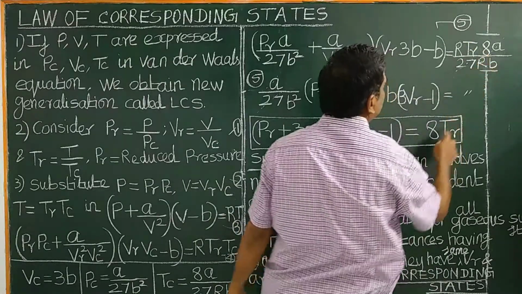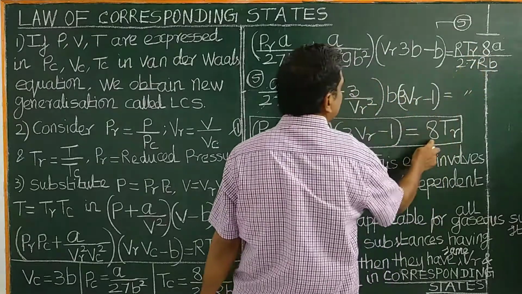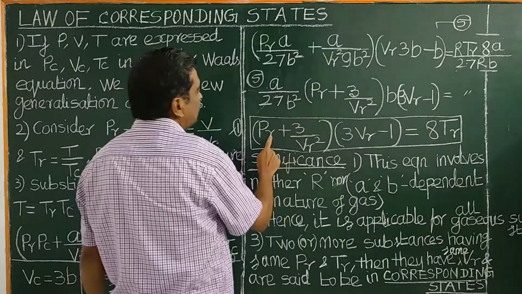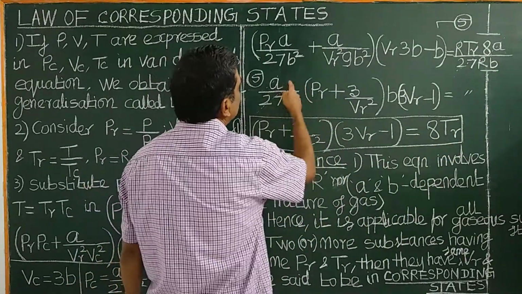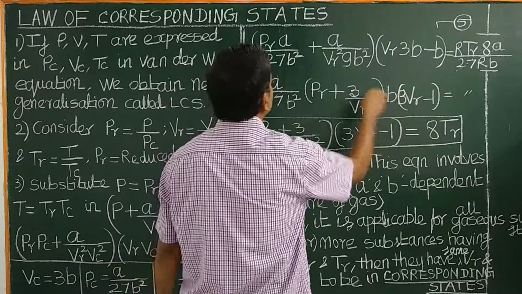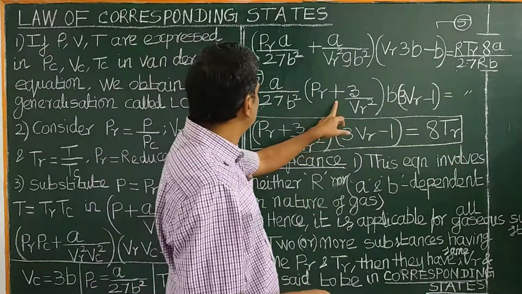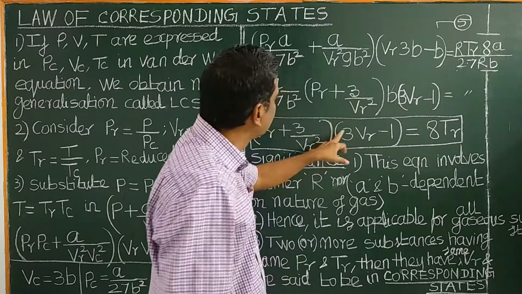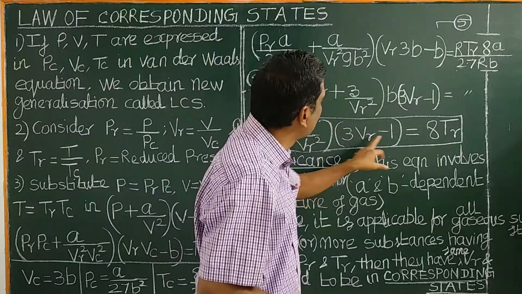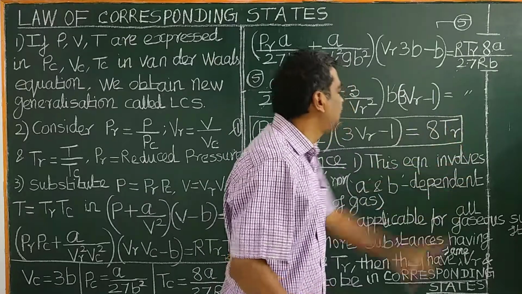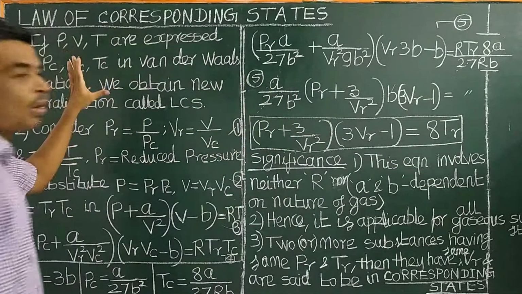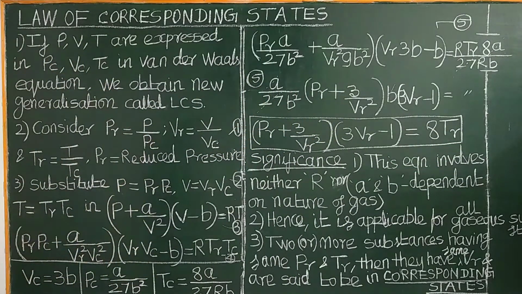Therefore, here you will get 8Tr. Similarly, here Pr. This term gets cancelled. Therefore, Pr plus 3 by Vr square and 3Vr minus 1 equal to 8Tr. This equation is called the principle of corresponding states or law of corresponding states.